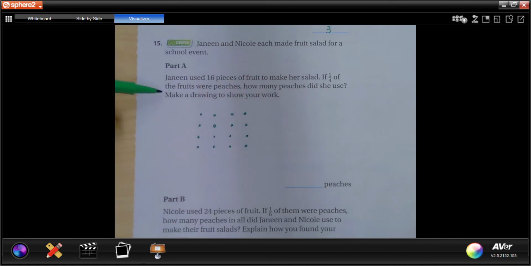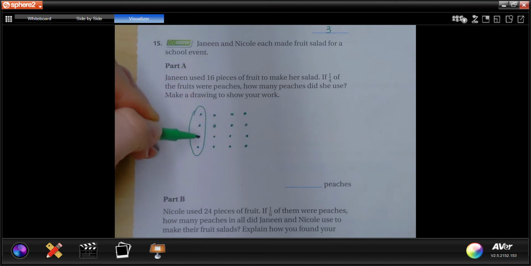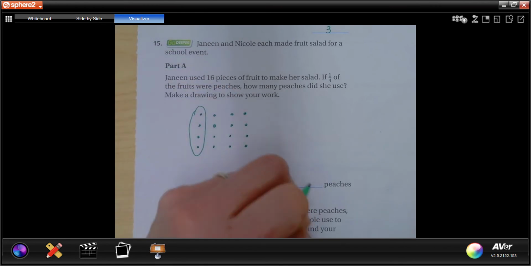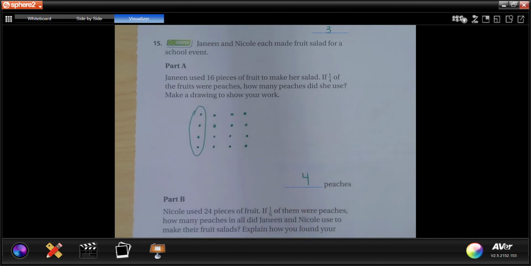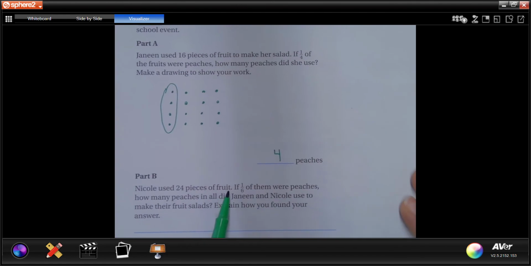So if 1/4 of the fruits were peaches, so 1 row out of the 4 rows, 1/4, then how many peaches did she use? 1, 2, 3, 4. 4 peaches.